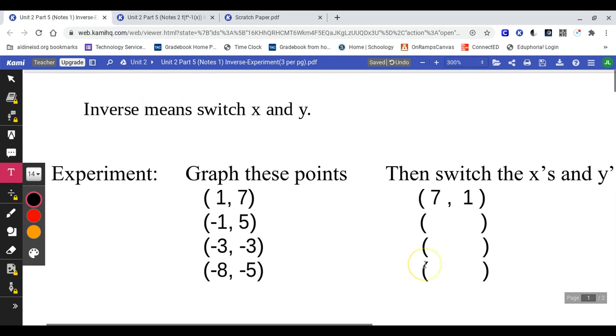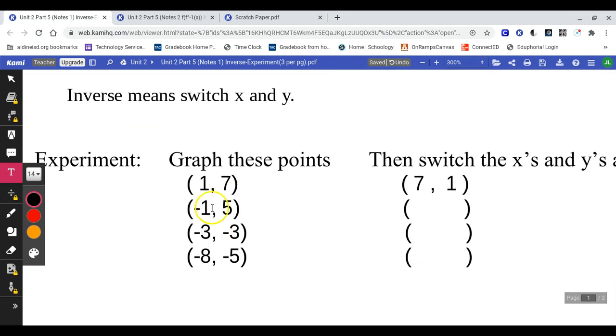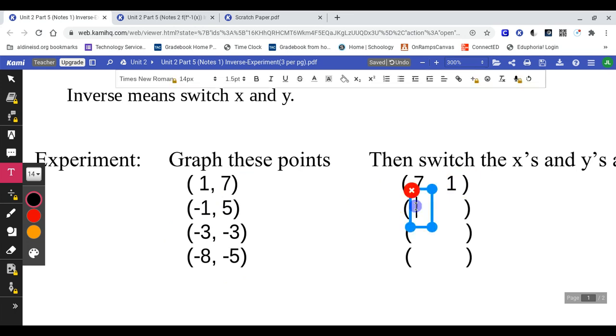So if I was given these 4 points to represent my function, and I wanted to switch it to its inverse, right? The 1 and 7 switch to become 7 and 1. The -1 and 5 become 5 and -1.